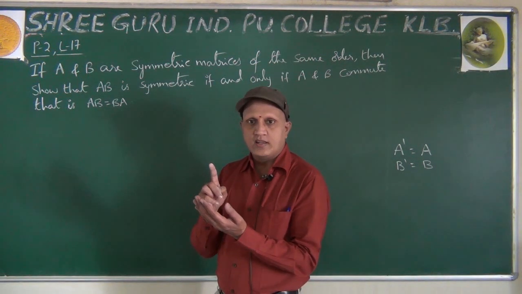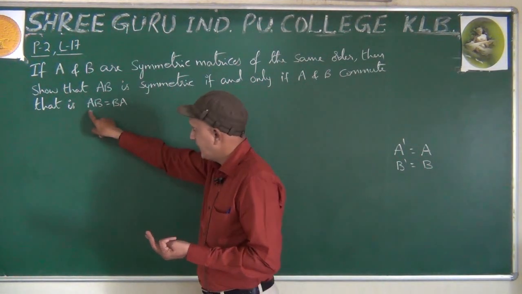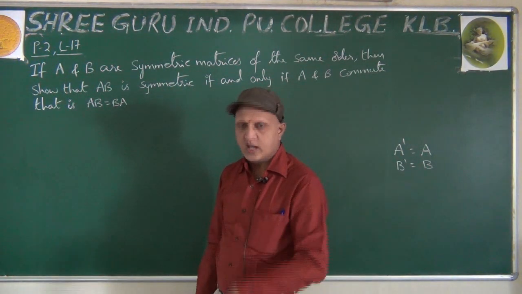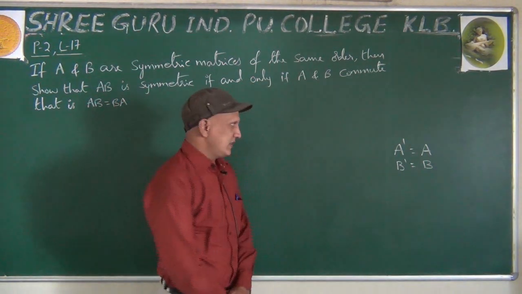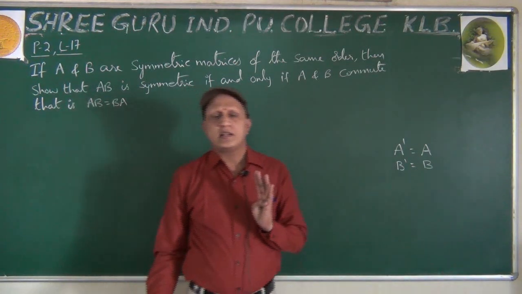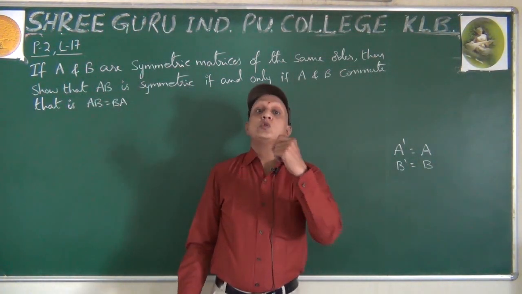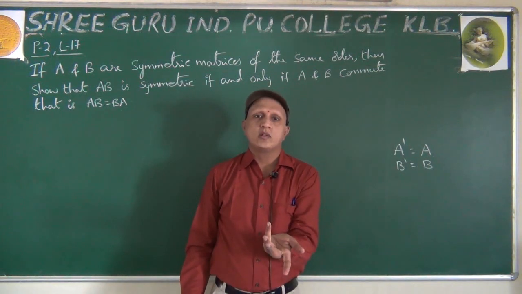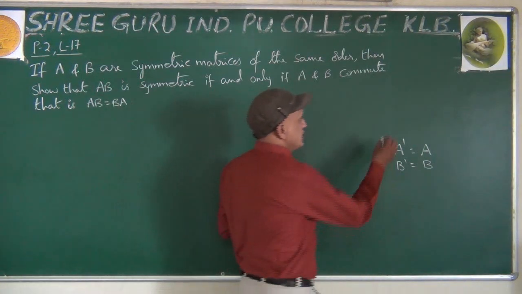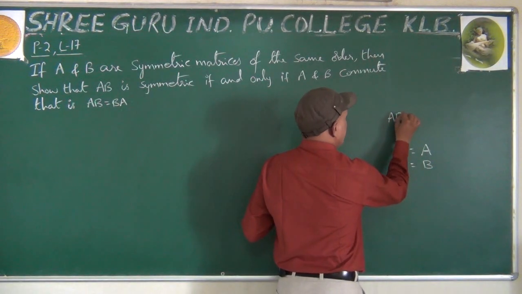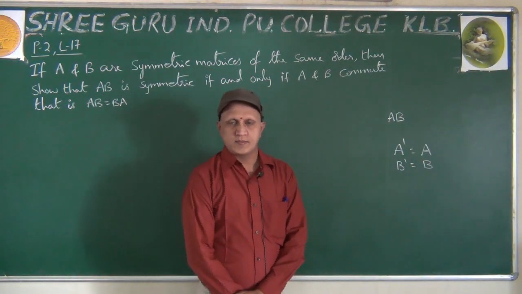They have given in the question A and B both are symmetric. And what more they gave? AB equal to BA. What we have to prove? AB is symmetric we have to prove. A is one matrix, B is also one matrix, A into B, that is also a matrix. AB is one matrix.